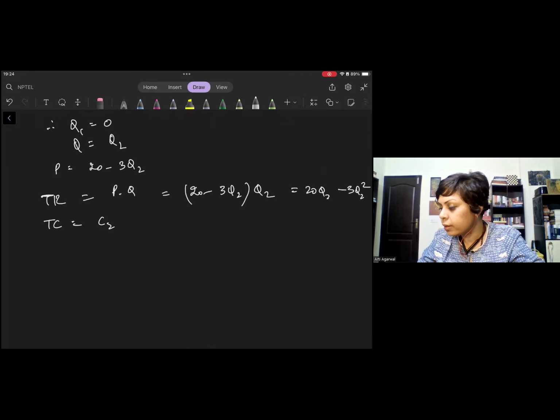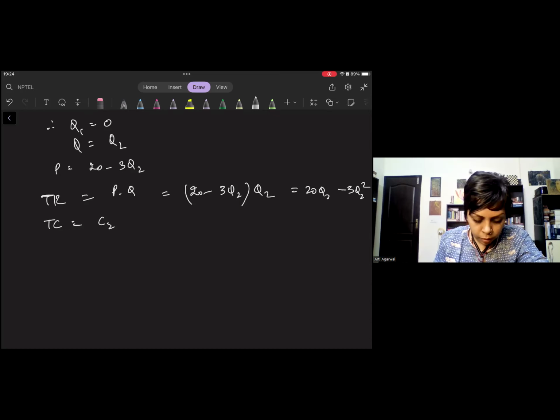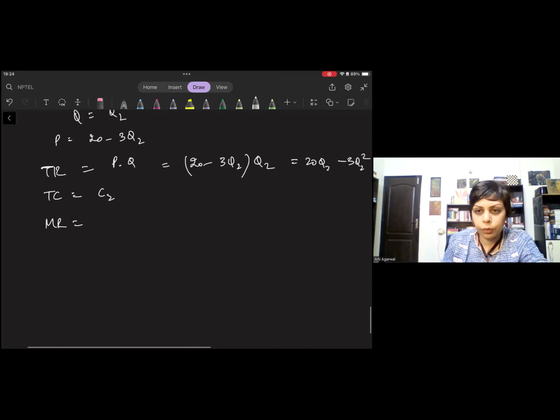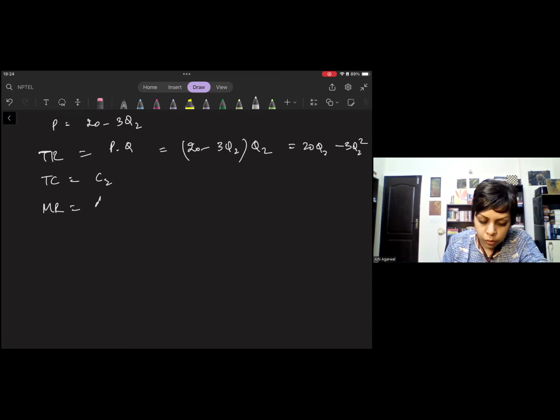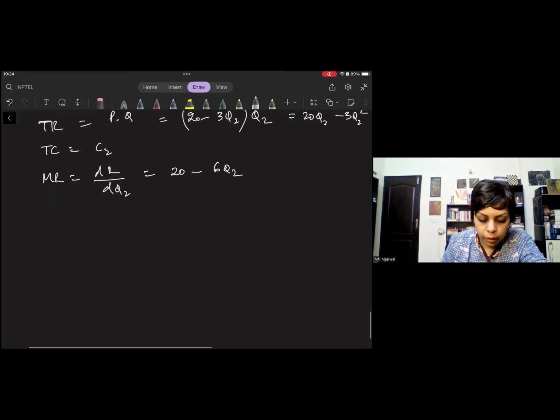What we are given is the marginal cost. We are not given the total cost function. We are only given the marginal cost function. So in this case, we'll just leave this like this. We'll first calculate the marginal revenue with respect to Q2. Here dR by dQ2 comes out to be 20 minus 6 Q2.